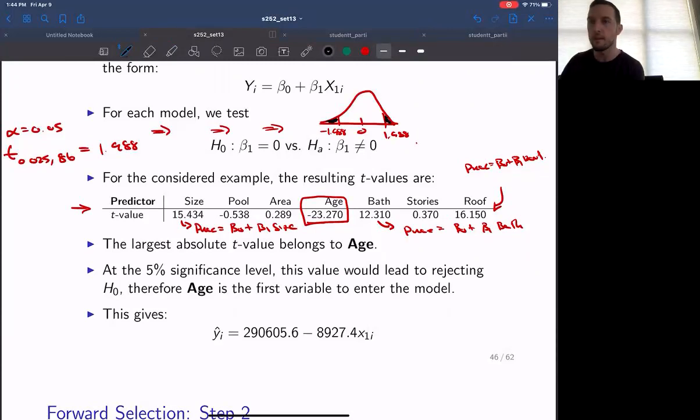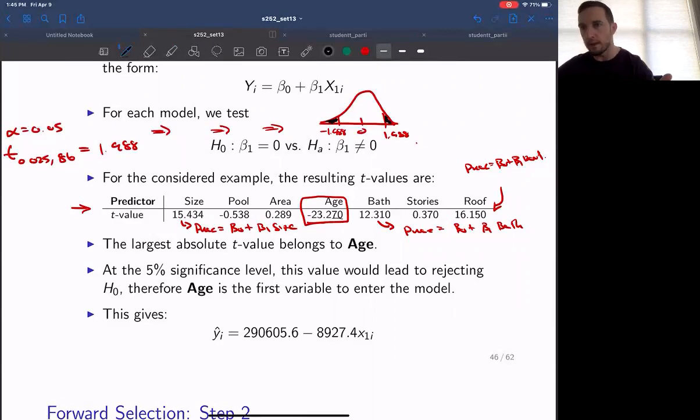Okay, does that make sense, that part of it? Okay, right, so you can see 15.434, that's going to get into the rejection region, hence why we would reject. But anything with a 0 in the first slot, that's not going to get inside the rejection region. And the 23.27, the 12.3, the 16.1, those are all going to get into the rejection region, but the 0.3 won't because it's just not big enough in size.